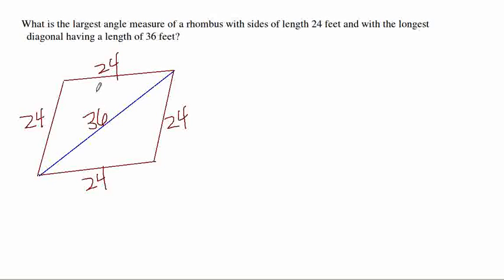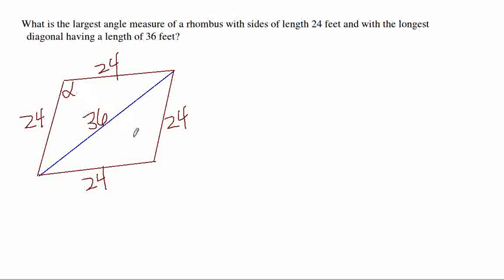So the largest angle measure, so focusing on the triangle that has a side of length 36 feet. I've split the rhombus into two congruent triangles, and the largest angle measure is going to be the one between the two sides that are congruent.